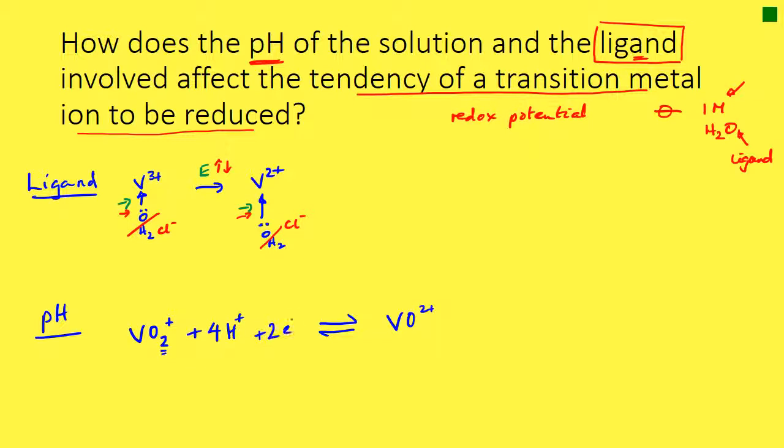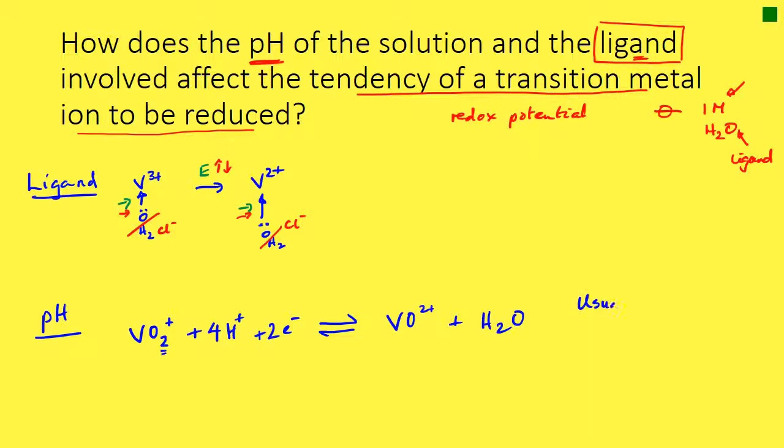So we'll just balance the charges like so, and we will make a water molecule. So the presence of hydrogen ions has facilitated that reduction reaction, and that's what normally happens. Normally when transition metal ions are being reduced, that reduction potential is higher if there are hydrogen ions present. So let's just write that down.